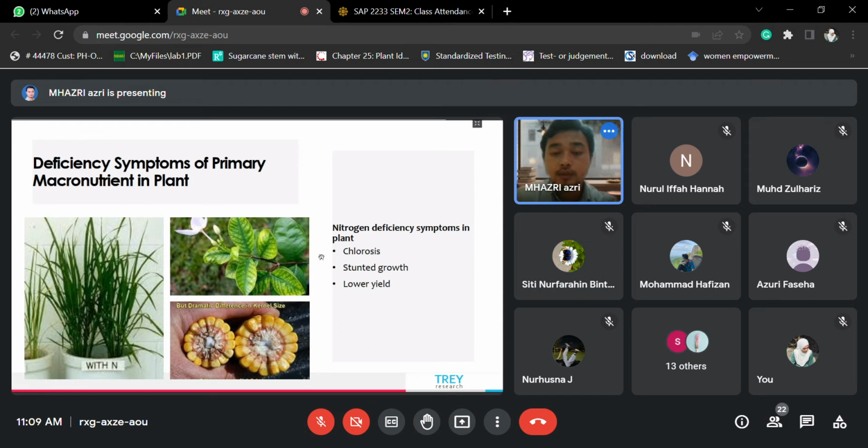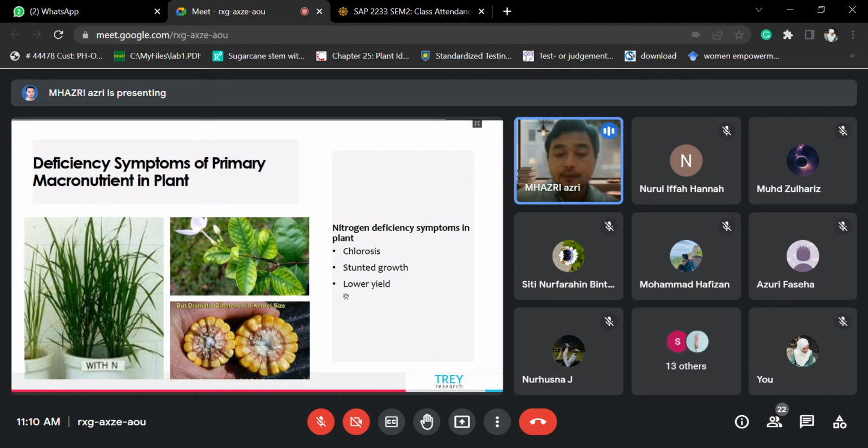Eventually, it will produce smaller plants or slower growth. Here, this is a rice plant that we supply with adequate nitrogen, and the other one, Oryza sativa or rice, receives an insufficient amount of nitrogen. Not only can we observe that the leaf color is darker in the plant that receives adequate nitrogen, but the growth is also enhanced compared to the plant that receives insufficient nitrogen.